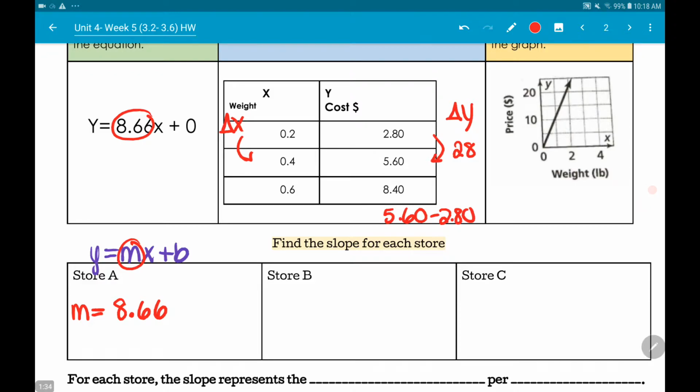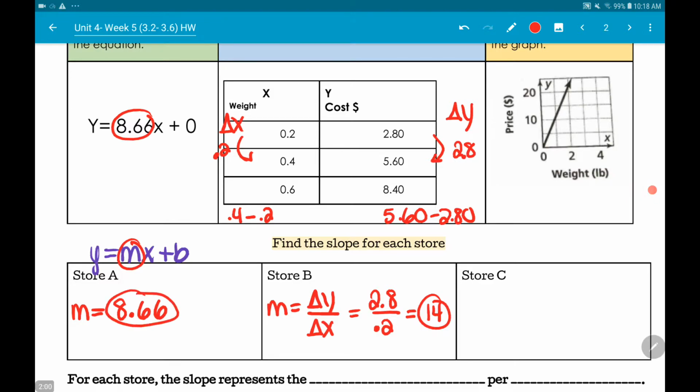And then on this side, I do 0.4 minus 0.2, which gets me 0.2. So now my m is the change in y divided by my change in x, which in this case is 2.8 divided by 0.2. And when I do that in my calculator, I get 14.